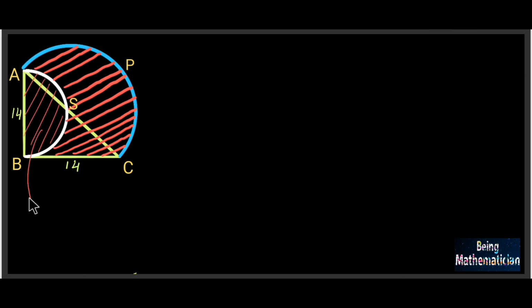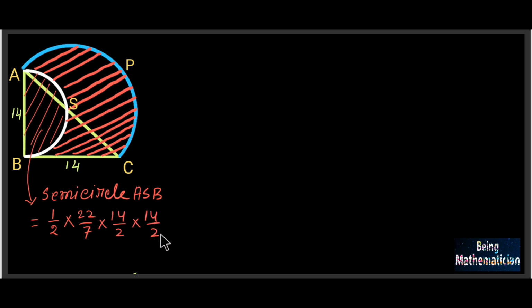The area of this semicircle ASB is equal to 1 by 2 into 22 by 7 into 14 by 2 into 14 by 2. Now 2 11s are 22, 2 7s and 7 cancel out, and 2 7s are 14, so it will be 77 centimeter square.